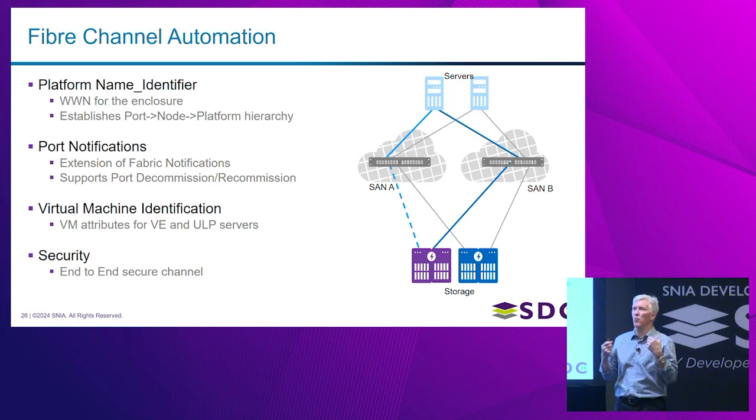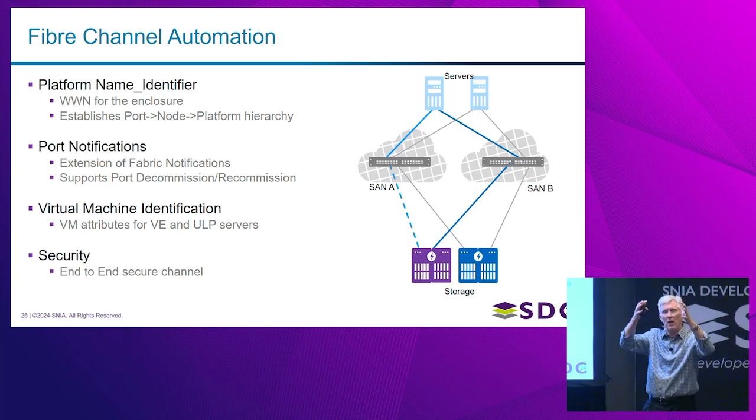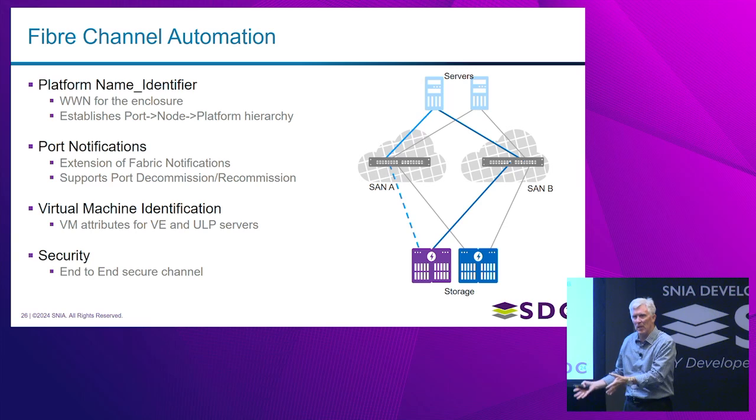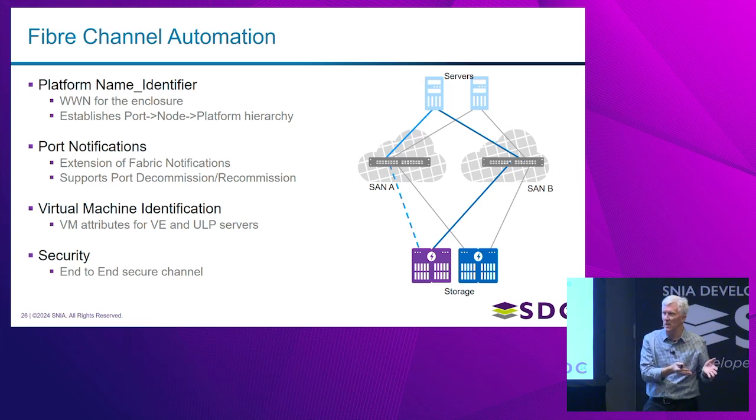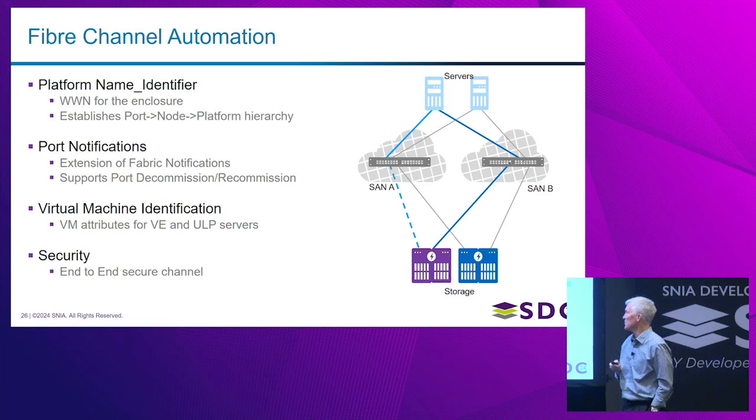This is key for administrators and management automation to understand that hierarchy, especially in virtualized environments, and to be able to tell that this enclosure contains this set of ports and that enclosure contains that set of ports, and that they're separate entities and not single entities.